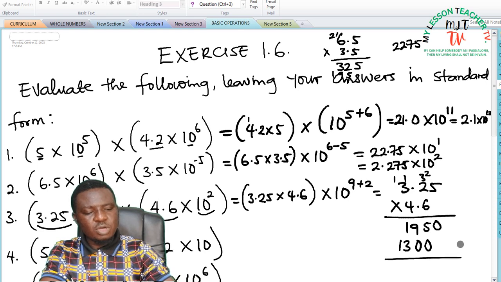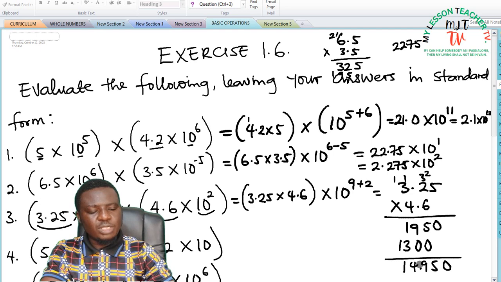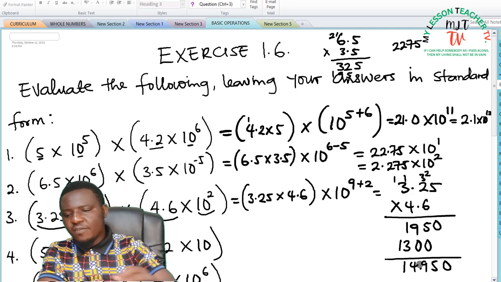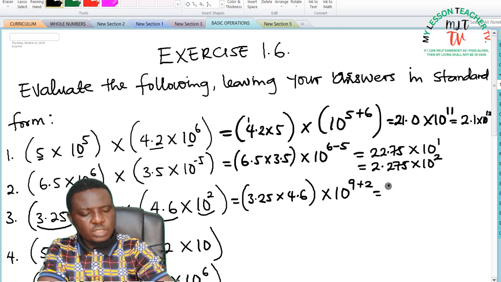So when you sum this up, it gives you 0.5941, and we have three places of decimal, so this is said to be 14.95.